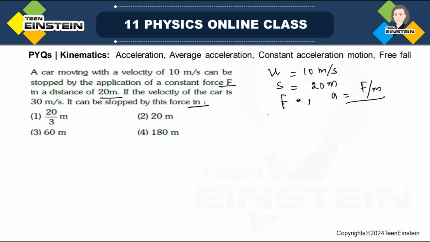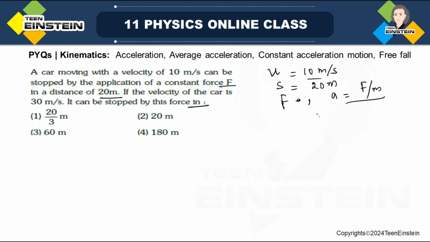The second part is if the particle has initial velocity 30 meter per second, then with the same force, within how much distance can we stop this moving car? With the initial velocity 30 meter per second, within how much distance can we stop it if I apply the same force? In this case we don't know the value of this force.